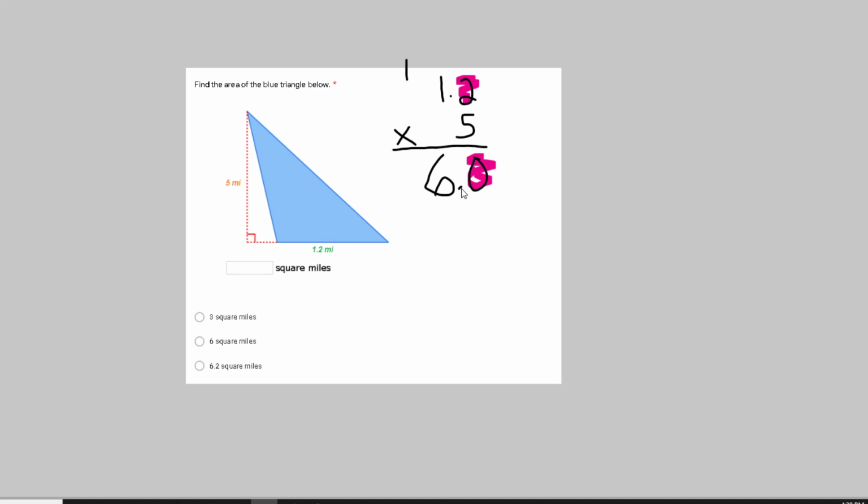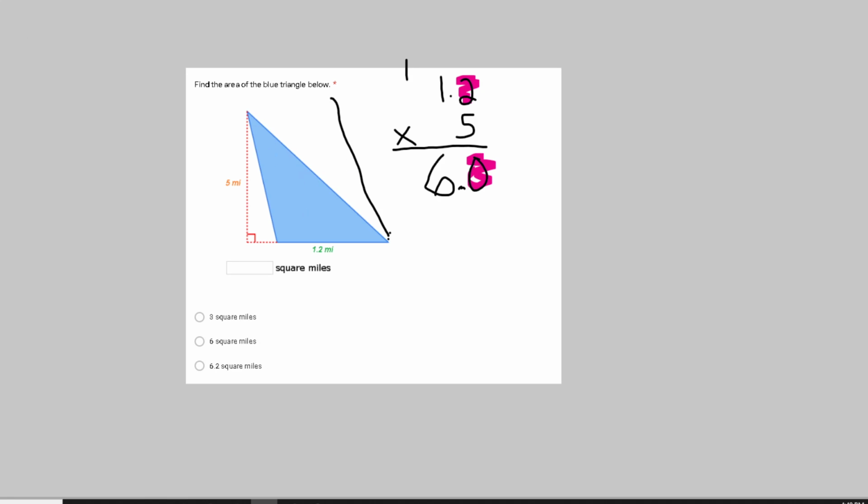So this must be 6.0, but then we need to divide this 6 by 2, since it's a triangle, right? This 6 would give us the area of the whole. Okay, so this actually creates a parallelogram.